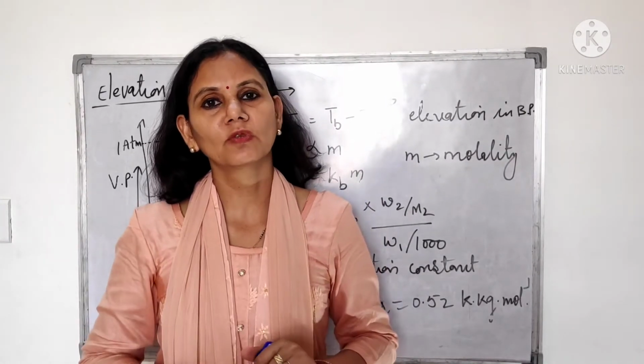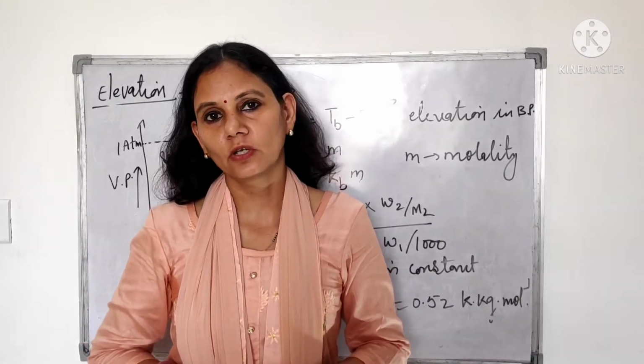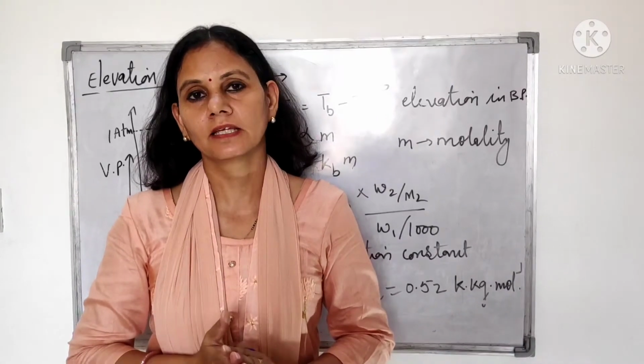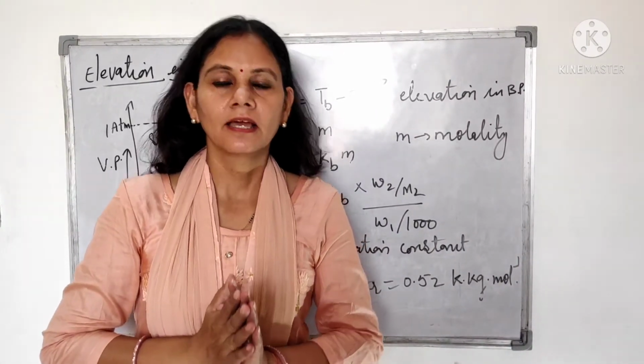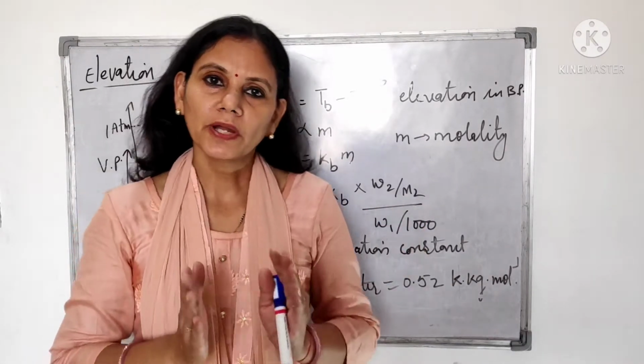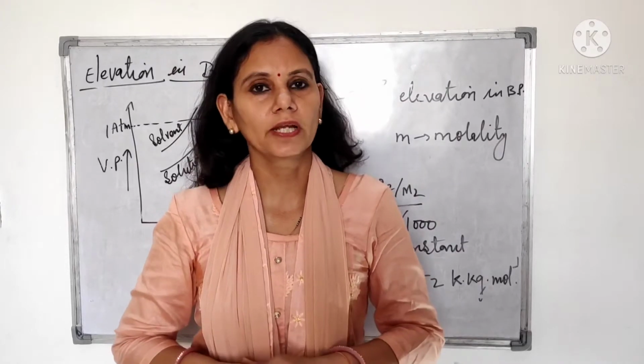So we are adding some non-volatile solute in it. When we add non-volatile solute to pure water, its boiling point increases. This increase in boiling point is called elevation in boiling point. Elevation means increase in boiling point.